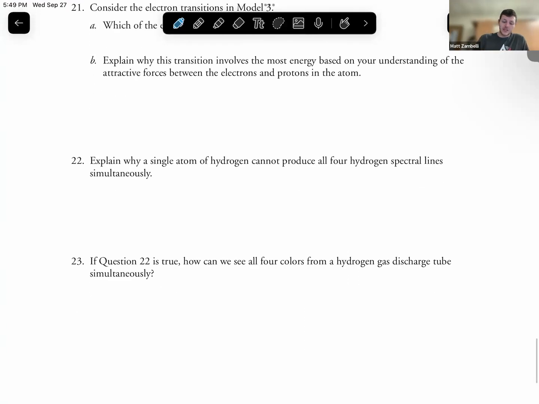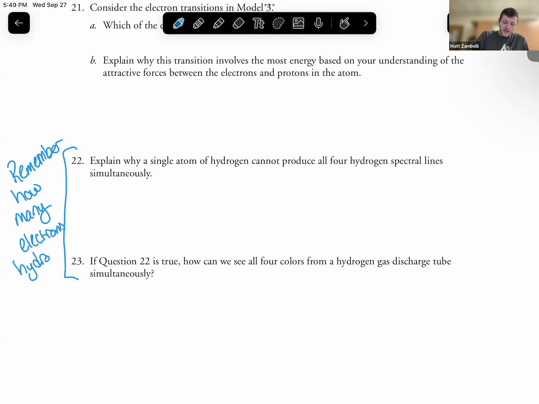When you get to questions numbers 22 and 23, we need to remember how many electrons hydrogen has, because that's going to be super important in our ability to answer these 2 last questions.